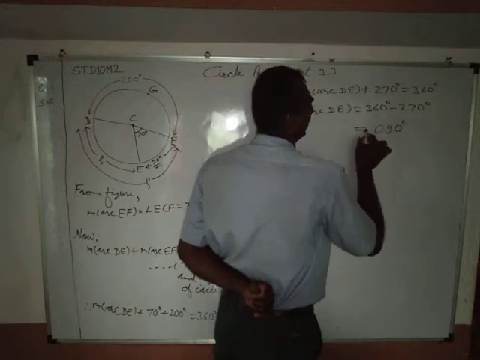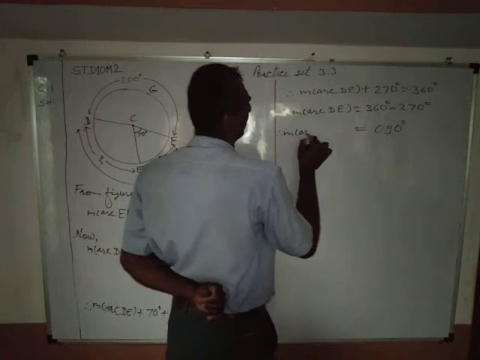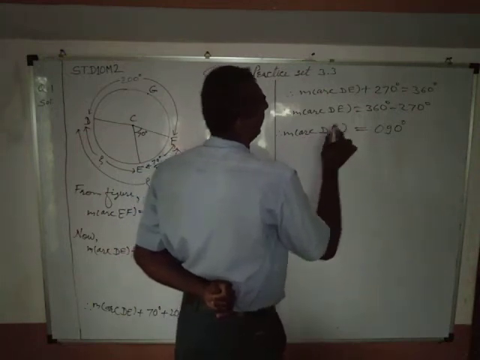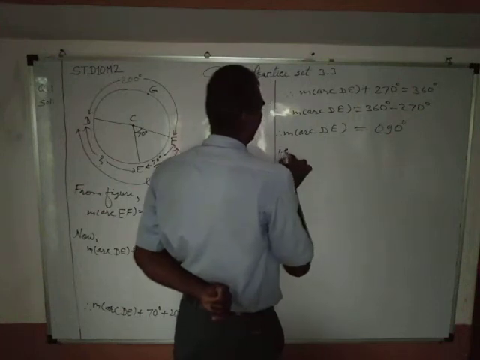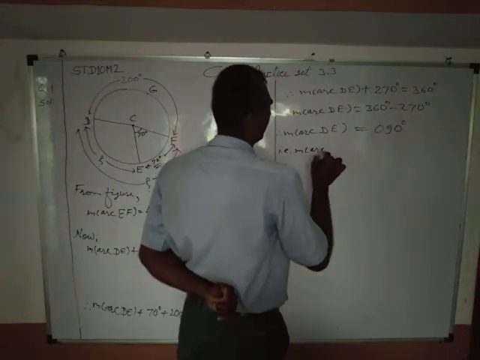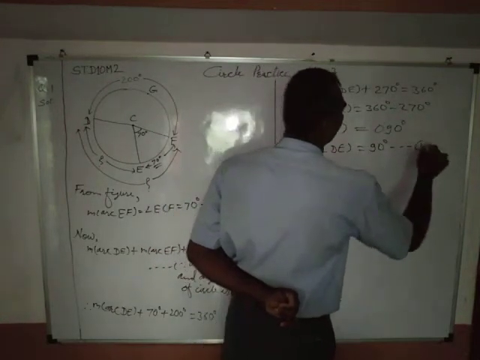Equals 90 degrees. Therefore measure of arc DE equals 90 degrees.